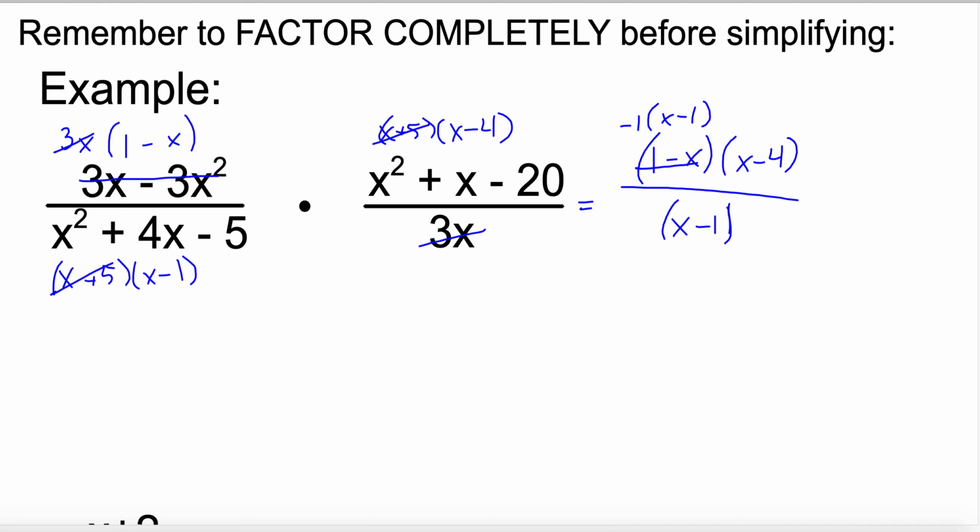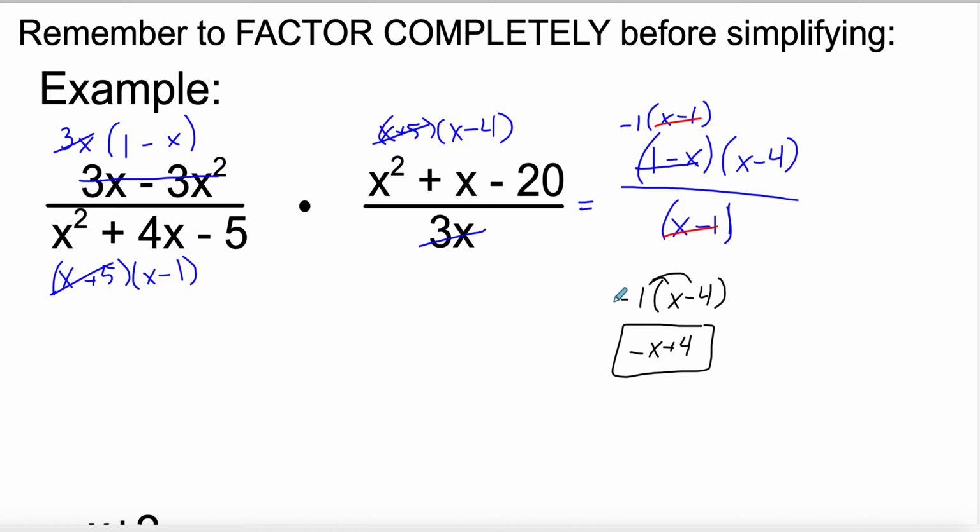And then you can see I have the same thing on the top and the bottom, but then there's that negative there. So then I can just put that negative right in front of the x minus 4, and if I wanted to, I can multiply that through. And this is the nicest answer for that question.